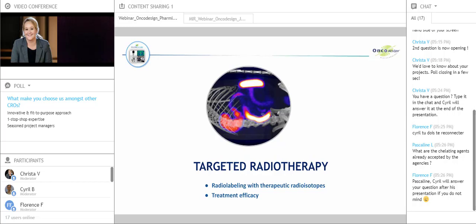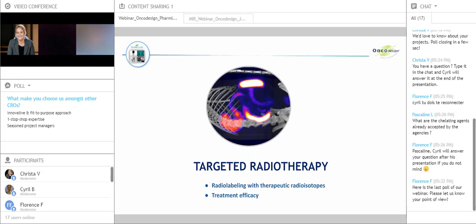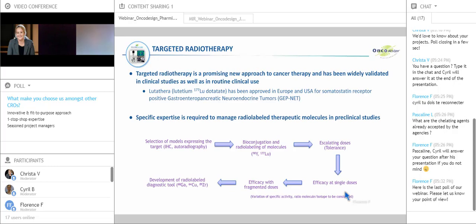So the last part of the talk is about targeted radiotherapy. We have to do the radiolabeling with a therapeutic isotope and to measure the treatment efficacy. So again, there is very specific expertise you need to do that. This is a very promising approach to cancer therapy, and it has now been validated with different clinical studies.